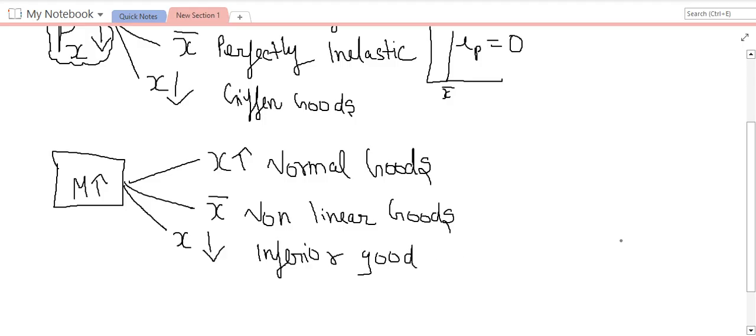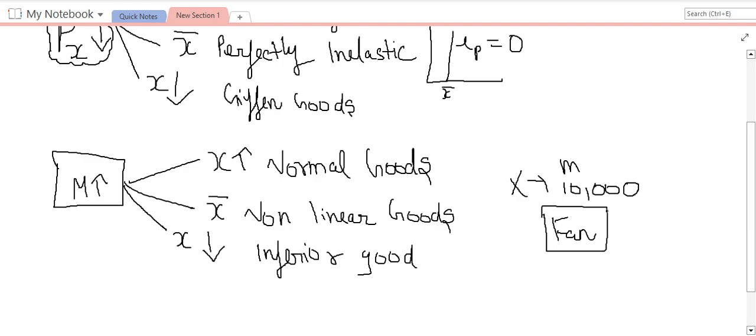Now, one interesting thing is that not every good is an inferior good for all ranges of income. Suppose, for example, a person X has an initial monthly income of 10,000 rupees. Suppose he has a ceiling fan at his home, and he lives with the ceiling fan.